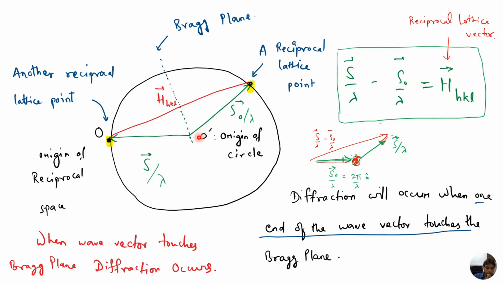What that means is that this wave vector is touching, with one end touching the reciprocal lattice point and the other end touching the Bragg plane.